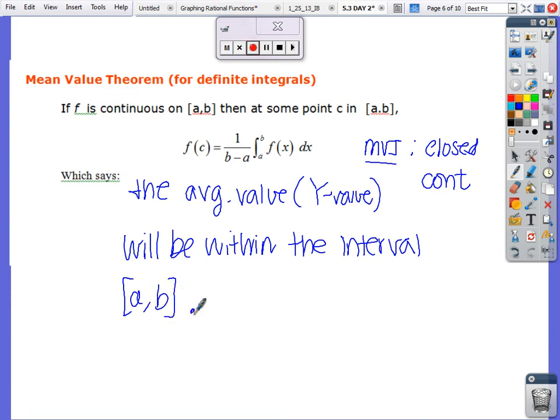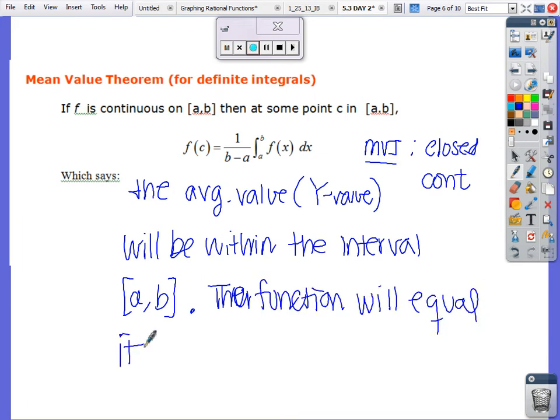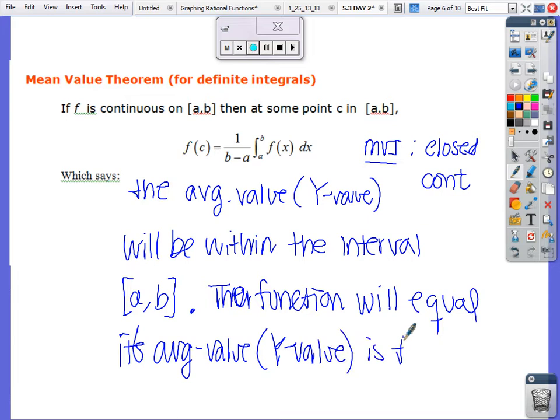Another way to say it, the function will equal its average value, which again is a y value, in the interval. That says in. All right, so that's what it means.